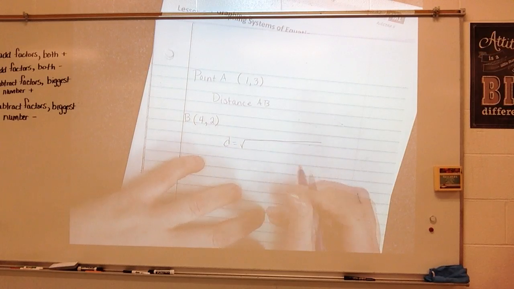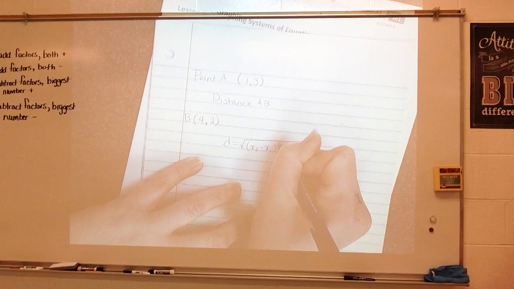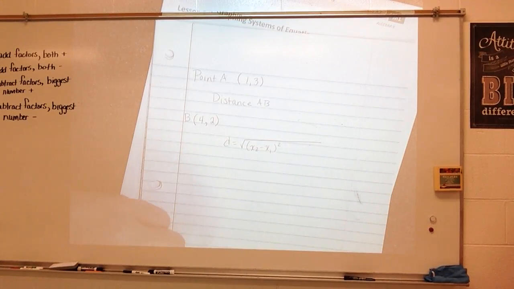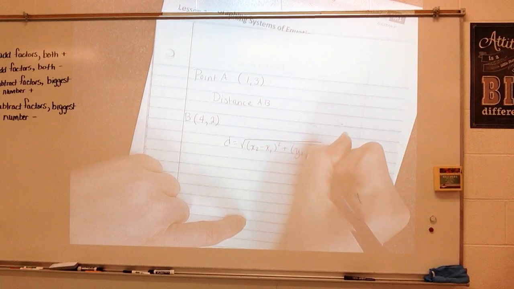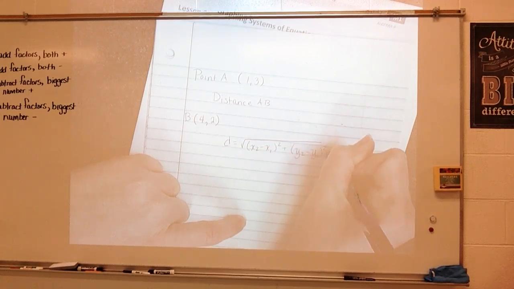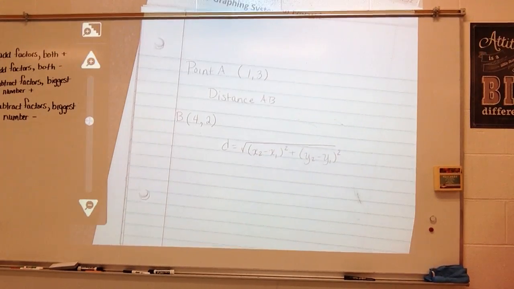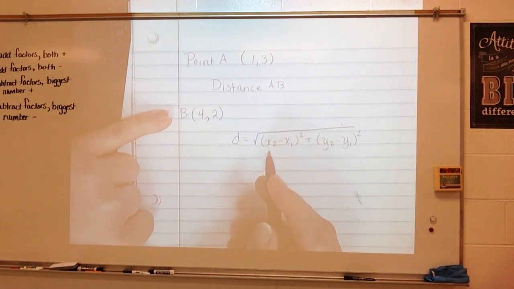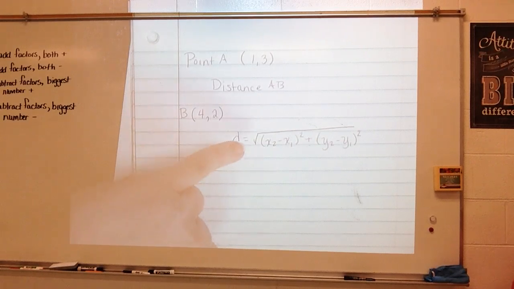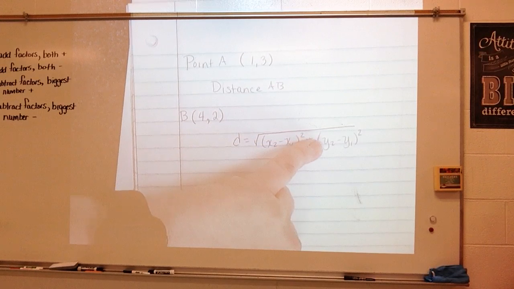And the distance formula looks like this. I'm going to subtract my x coordinates and square that, and then subtract my y coordinates and square that. So, if I wanted to find the distance between A and B here, it doesn't matter if I start with point A or point B. The only thing is if I start with point A here, I have to start with point A here.